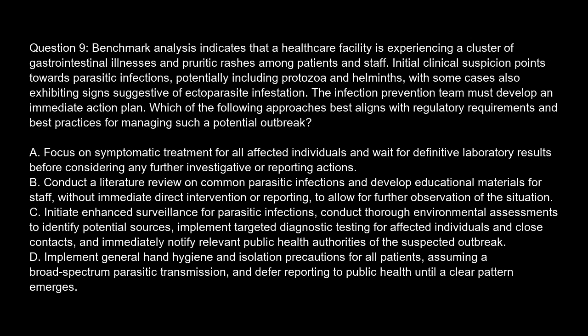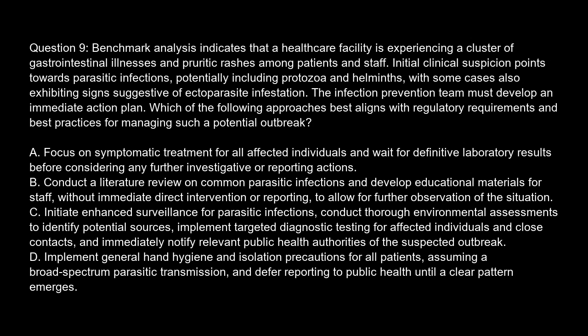Option A. Focus on symptomatic treatment for all affected individuals and wait for definitive laboratory results before considering any further investigative or reporting actions. Option B. Conduct a literature review on common parasitic infections and develop educational materials for staff, without immediate direct intervention or reporting, to allow for further observation of the situation.